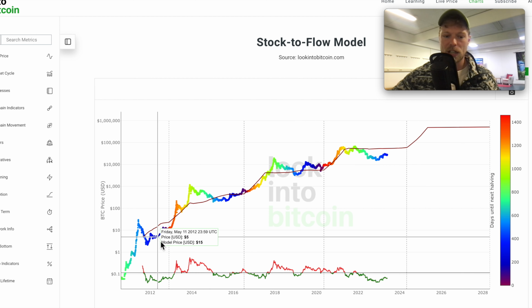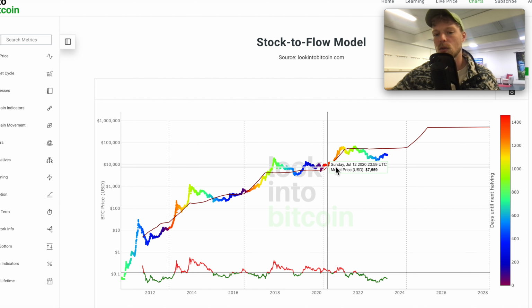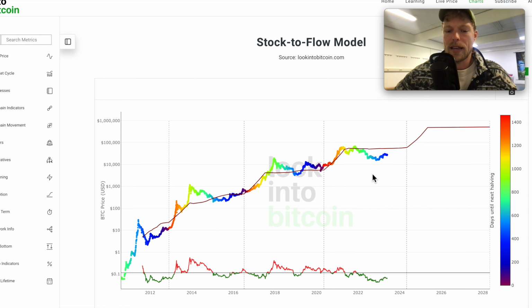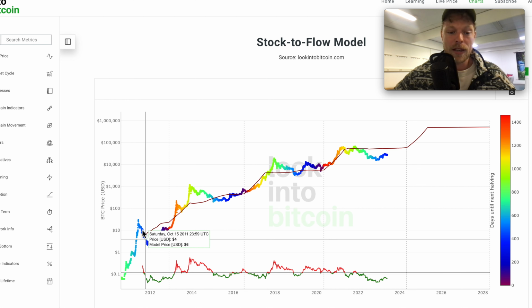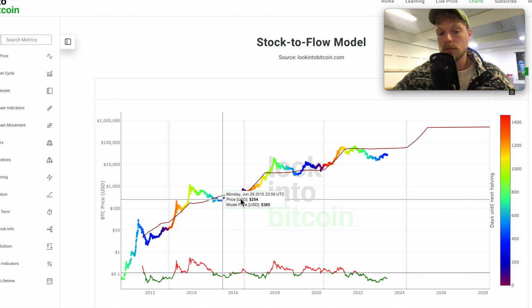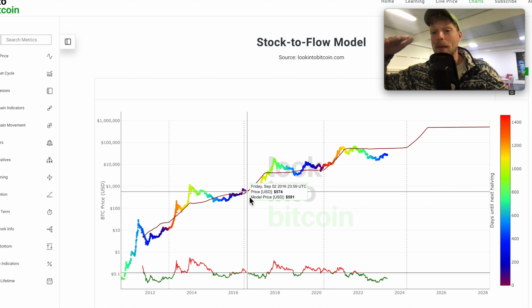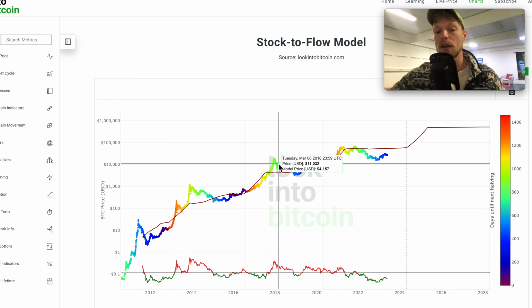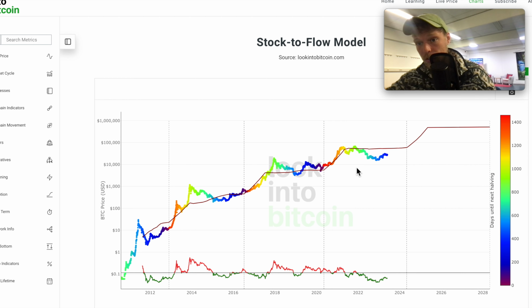No. In hindsight, when we just look at this chart, it looks like everything is already written in it, right? We start off with an explosive move, 10x from stock to flow. Then we slowly flow back to the stock to flow, like a magnet. Then we have a 4x overshoot. We flow back to the stock to flow.